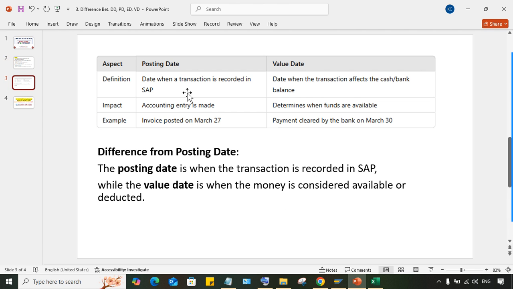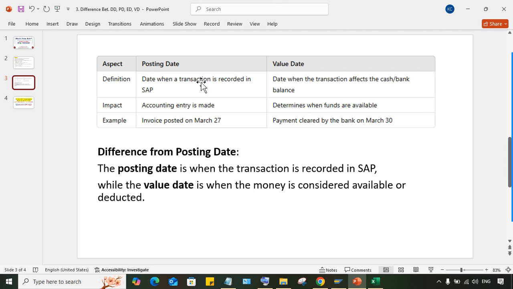Now, what is the difference between posting date and value date, guys? The posting date is the date when the transaction has been recorded in SAP, whereas the value date is the date when the transaction affects the bank balance. What is the impact?